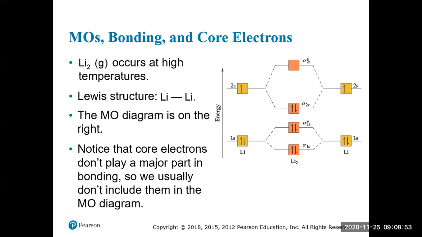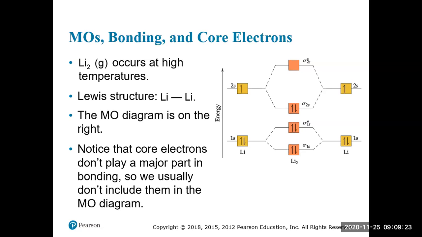Then if we draw our molecular orbital diagram in the middle, we would have sigma 1s bonding, sigma 1s antibonding, then the 2s bonding and antibonding orbitals. We would draw those out like this. We know the 2s is higher energy because that quantum number is bigger.